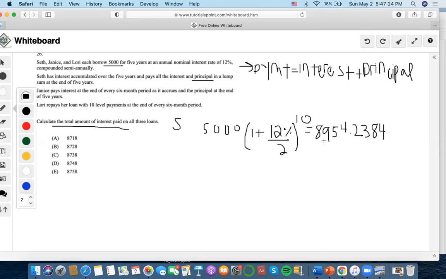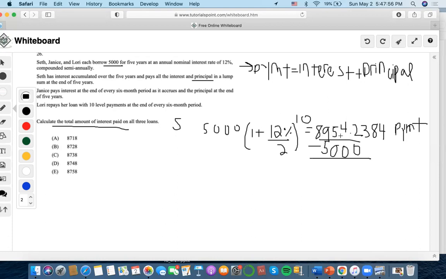So this would be our payment, the amount of interest that we have to pay back, and this is the payment equation, plus the amount of principal that we're paying out in a lump sum, which is 5,000. And we will need to find the interest that we have left after we pay back the 5,000.